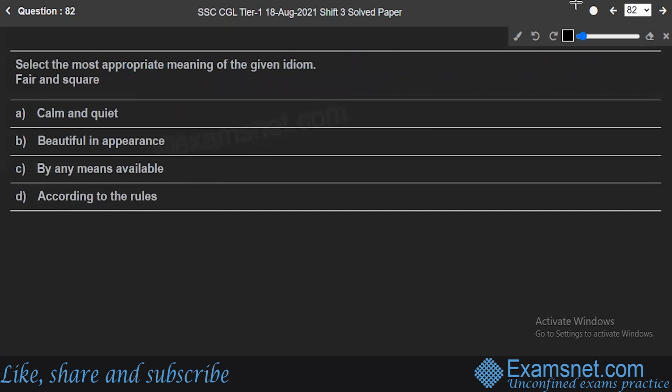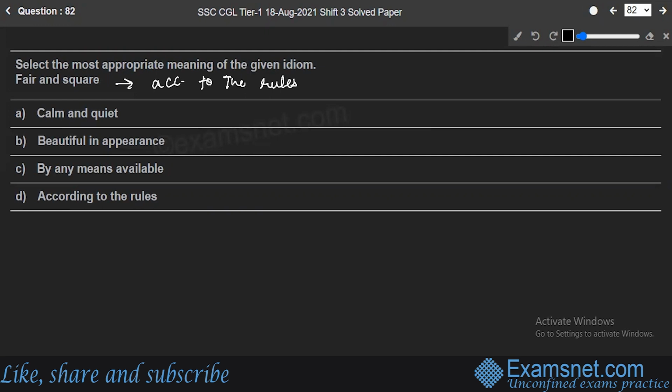Select the most appropriate meaning of the given idiom, and it is fair and square. Options are calm and quiet, beautiful in appearance, by any means available, or according to the rules. Option D. So the given idiom fair and square, the meaning of this is according to the rules.